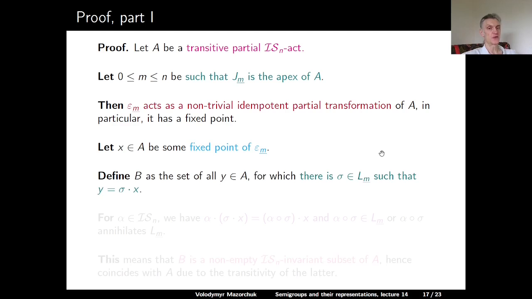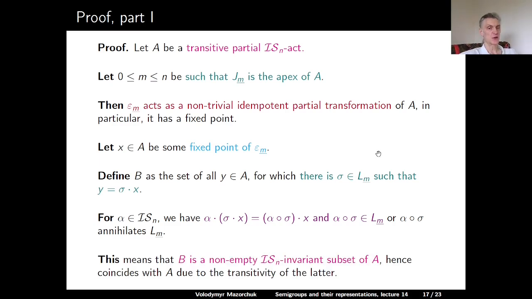Let B be the set of all elements y in A for which there is an element sigma in Lm underlined such that y is equal to sigma applied to x. Then, for alpha in ISN, we have that alpha applied to sigma applied to x is equal to alpha after sigma applied to x. And of course, alpha after sigma is either in Lm underlined, because sigma is in Lm underlined, or alpha after sigma belongs to a strictly smaller J-class, and hence it annihilates Lm underlined.